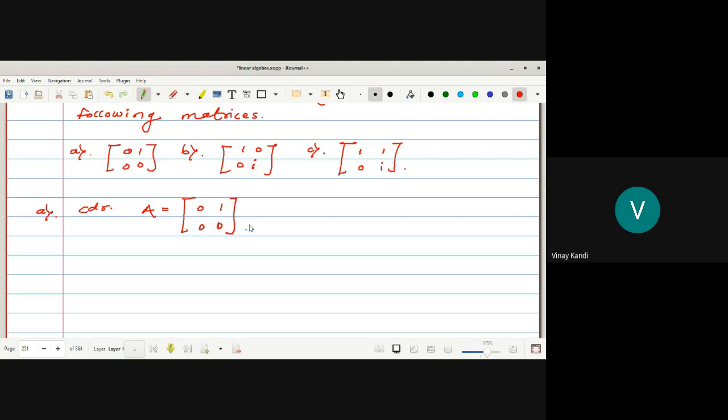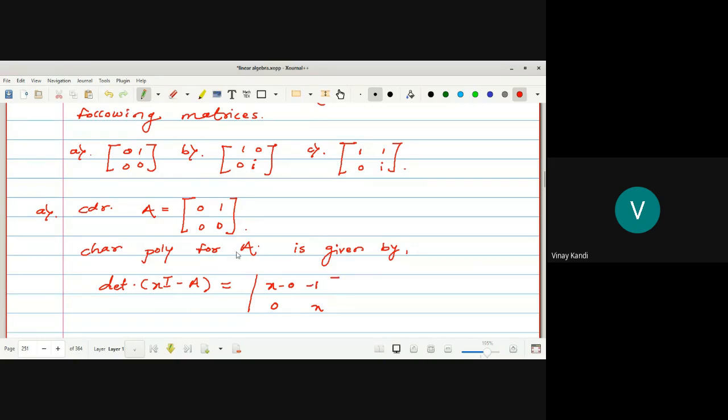The characteristic polynomial of A is given by the determinant of xI minus A. That is equal to the determinant of the matrix with x, minus 1 in the first row, and 0, x in the second.